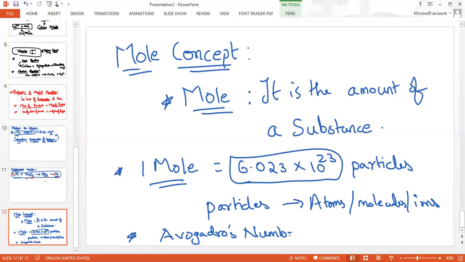It is called Avogadro's number. It is denoted by the symbol N subscript A, which is 6.023 into 10 power 23. That is a very big number, a huge number.